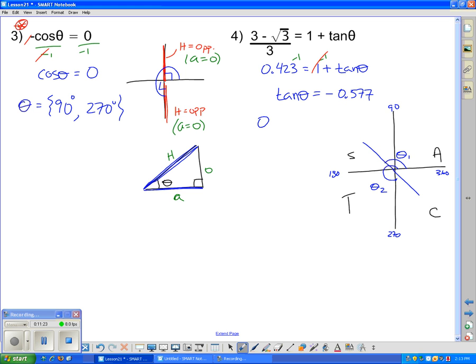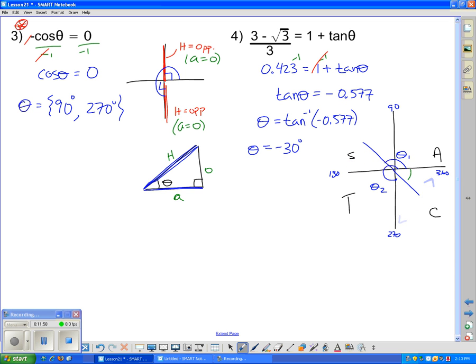If we use the calculator, theta equals tan inverse negative 0.577. According to the calculator, 0.577 negative, shift tan, is negative 30 degrees. Negative 30 degrees is not a possible answer because I said my two answers have to be between 90 and 180 or between 270 and 360. Negative angles mean that you're rotating in the opposite direction.